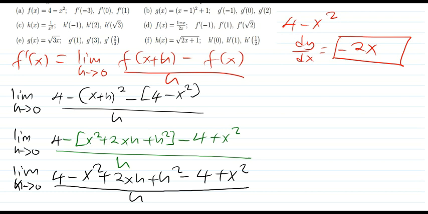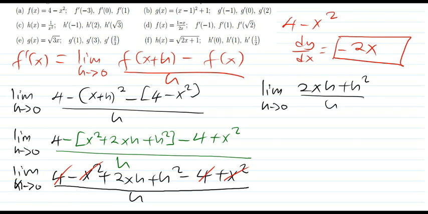At this point I can clearly see that I have negative x squared and just x squared. Those two can be cancelled, and they give us 0. What else can we see? I can see that 4 minus 4 is going to give me 0. Therefore, I'm now remaining with limit as h approaches 0 of 2xh plus h squared divided by h.